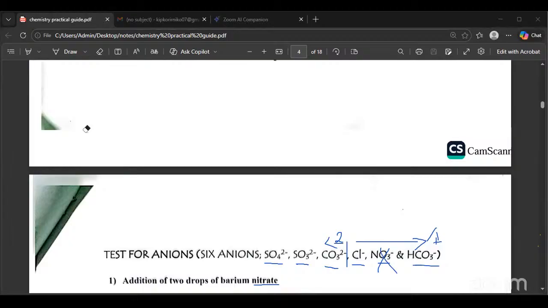In salts, what did we say is insoluble? We said all sulfates are soluble except barium. So we know what we are testing for here. That is why I was saying you are supposed to predict. By the way, in salts, which barium salt is insoluble? Let me ask you before I continue.